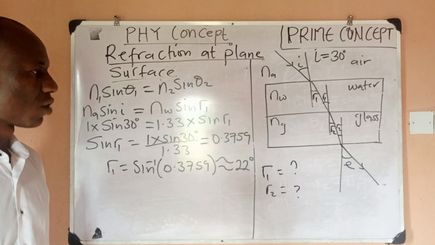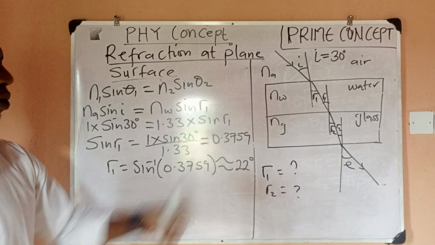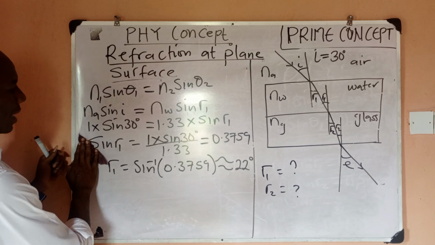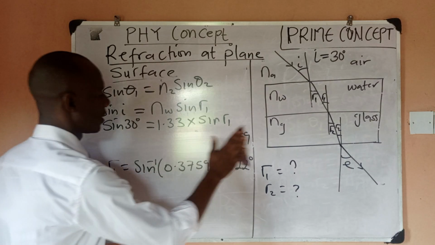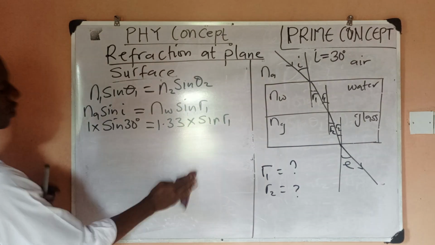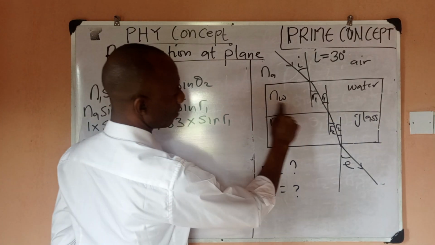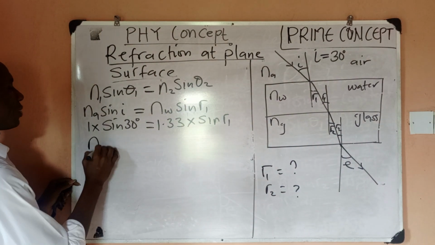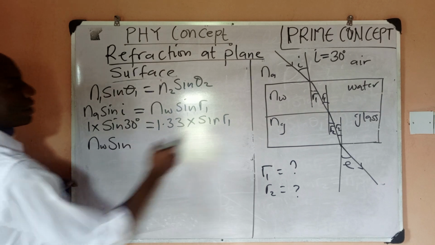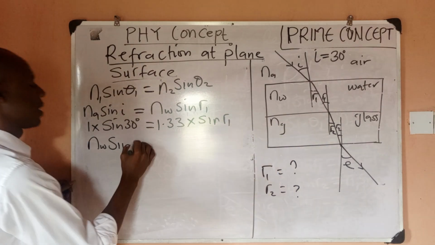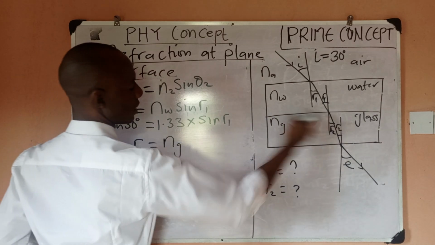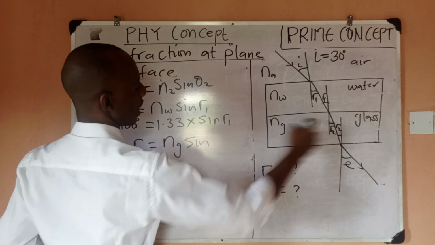I'm going to rub this because of space so that we can also find R2. Considering the same idea, water to glass, I would have N water sine R1 equals N glass sine R2.